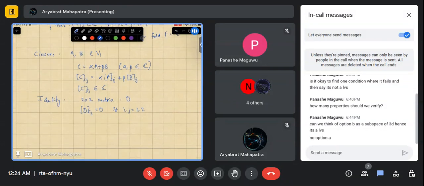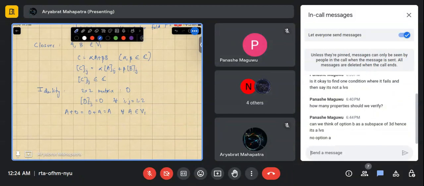So again, you will see, if I operate A with the identity element, it will give me the same vector again. So that is how you prove the identity element.